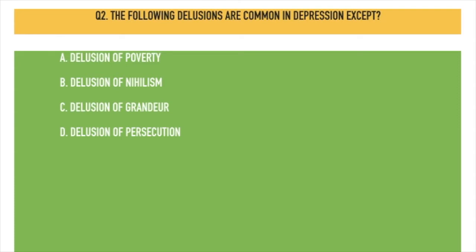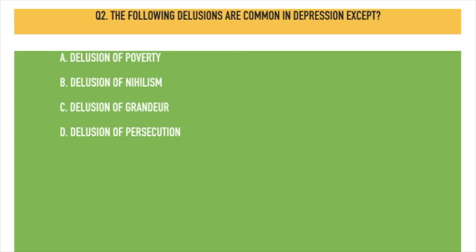So in these four options, three options will be negative or depressed symptoms, and one option will be something manic. So let's find out which is manic. Option A, delusion of poverty.